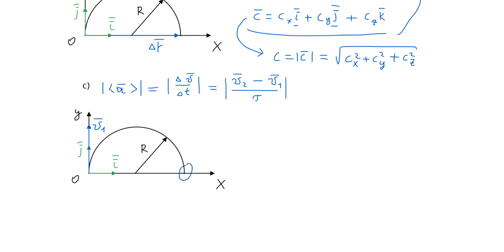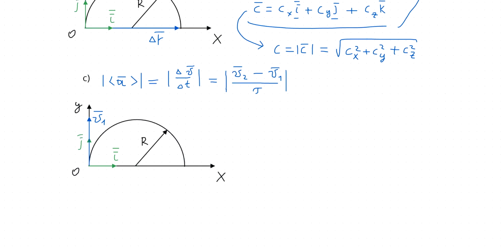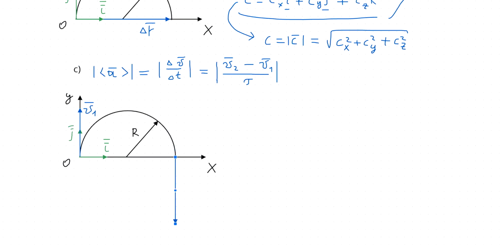So in this position, 2R, we need to show vector v2 on our picture. It will be directed in some way like this. It will be v2.